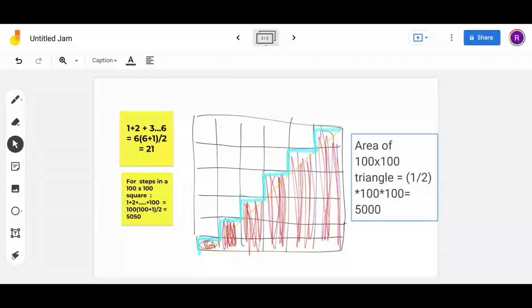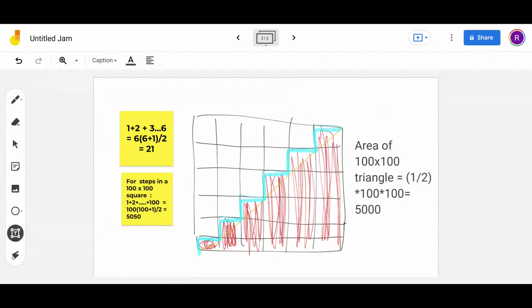Okay. Now I want to know, instead of this being 100 by 100, if this was 1 by 1, how do I use this to calculate the area of a 1 by 1 triangle? So let me say what I mean.